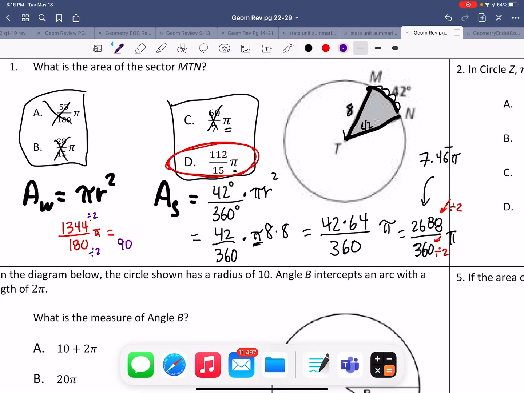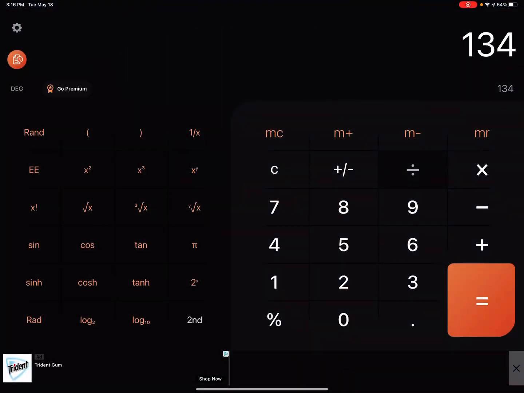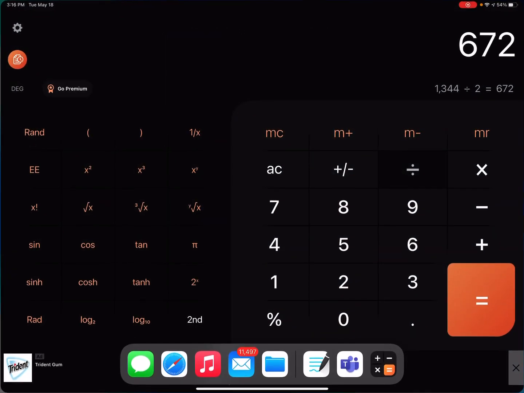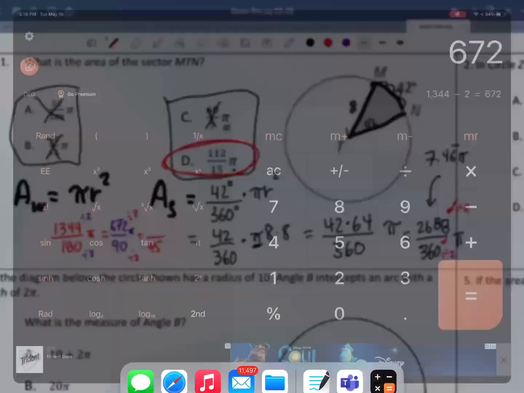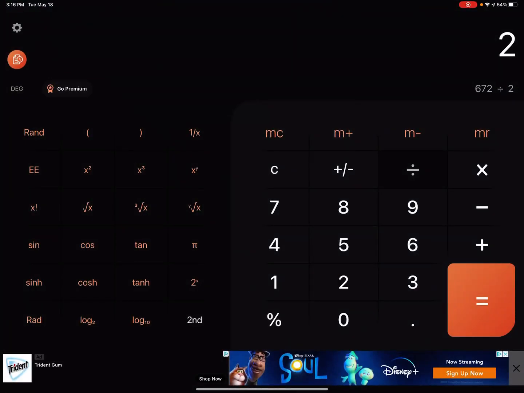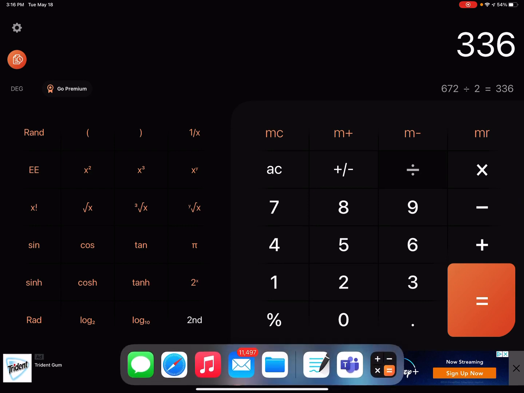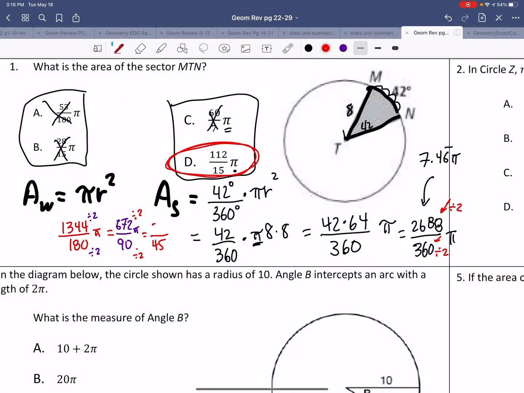And 1344 divided by 2 is 672. And notice they're both even again, so we can keep going. Just keep going, divide by 2, divide by 2. So half of 90 is 45. Half of 672 is 336 pi.